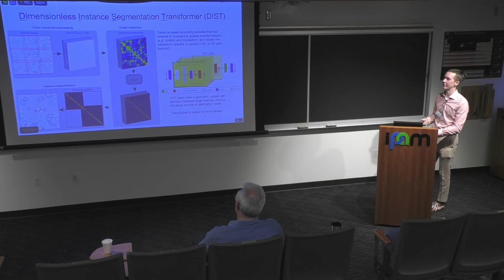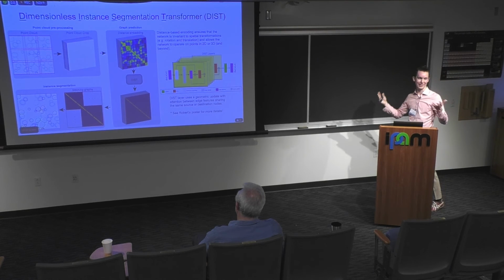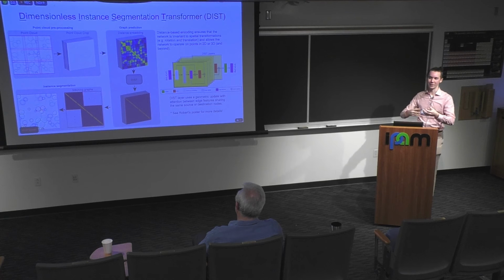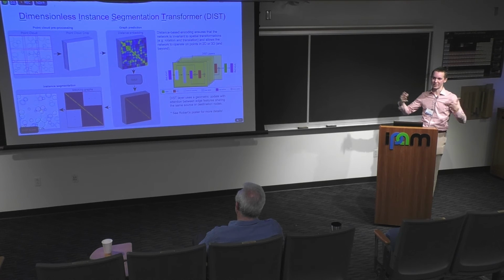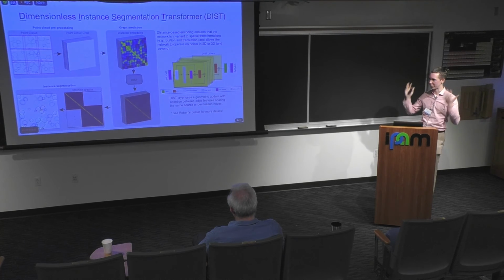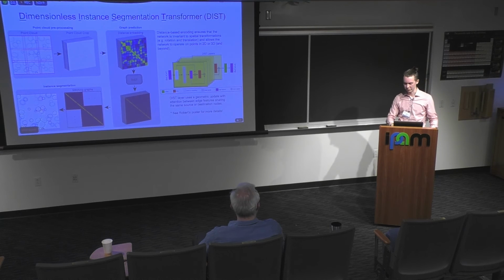Eventually what we get as an output is, for each pair of points, the probability that there's an edge between them in our instance graph. And we're going to train this on labeled instances from membranes and microtubules that we have actually labeled the instances on.